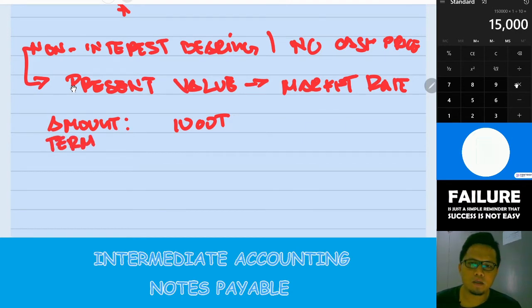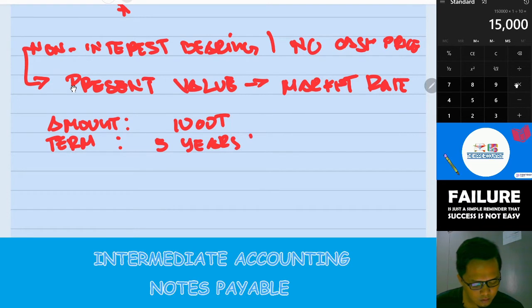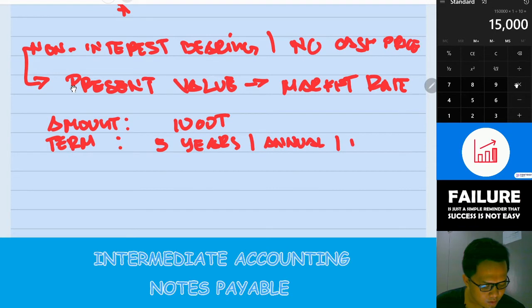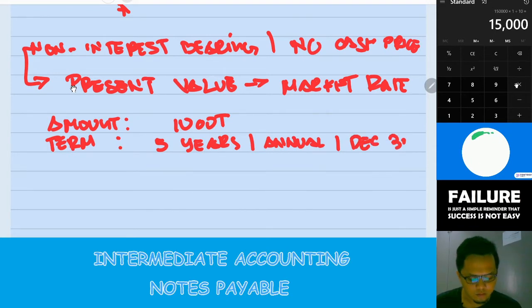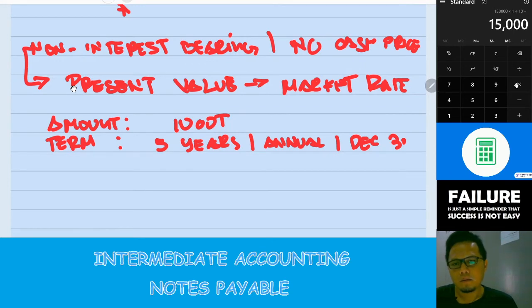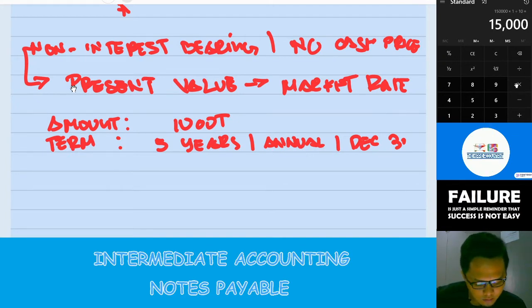Yung term is 5 years pa rin, annual payment every December 31. So, same pa rin siya. Okay? But, ang kaibahan lang dito ngayon is that walang down payment, let's say, walang down payment, then walang cash price. Okay? Walang down payment, walang cash price.